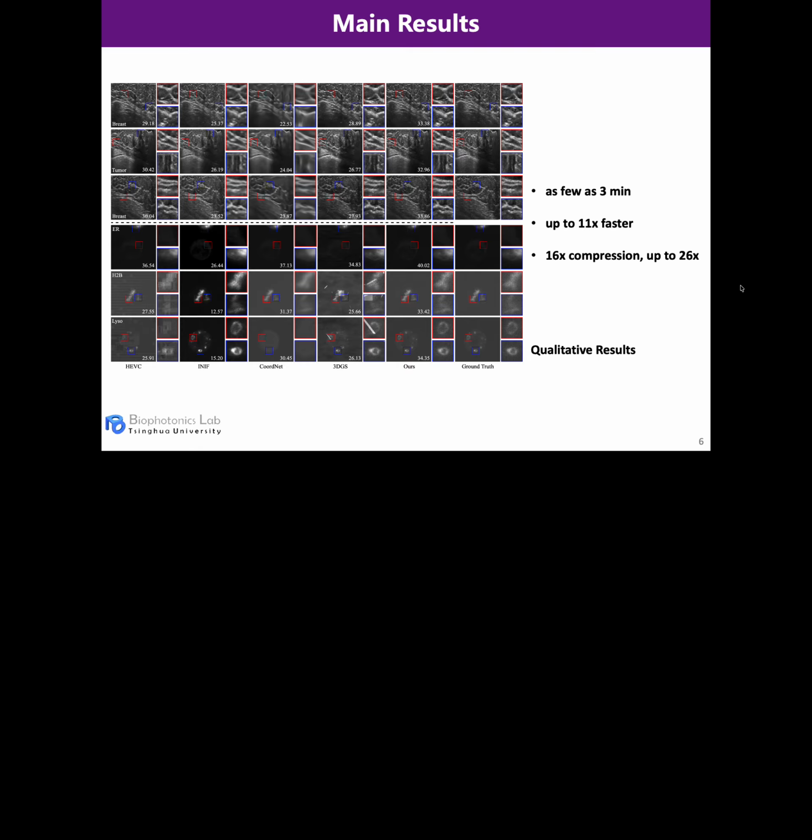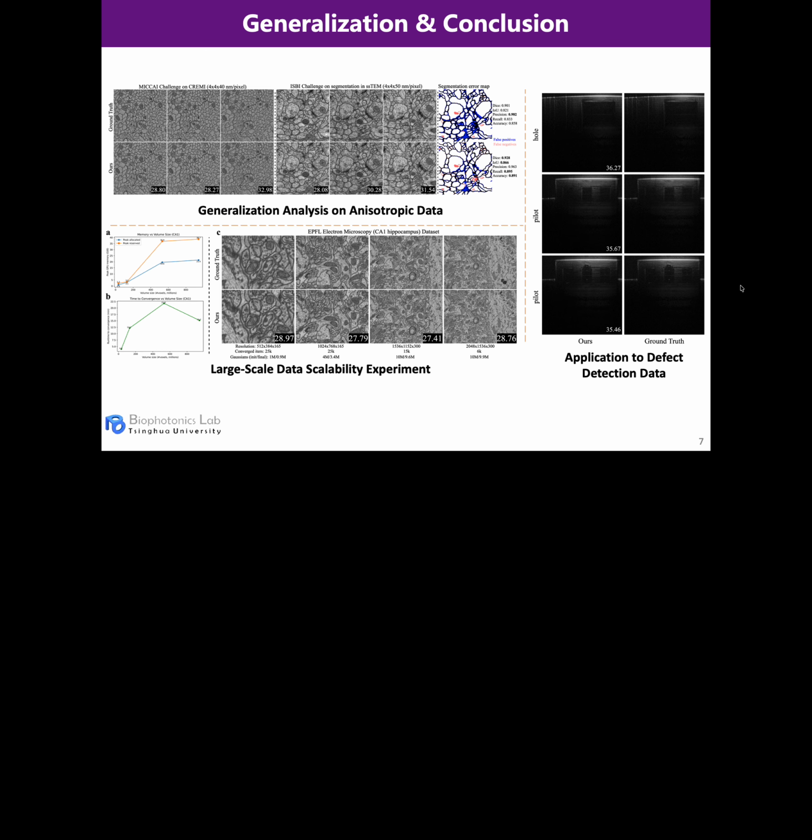In practice, GaussianPile produces high-quality results in as few as 3 minutes, runs up to 11 times faster than NeRF-based approaches, and achieves consistent 16 times compression over voxel grids, with some cases reaching 26 times compression.